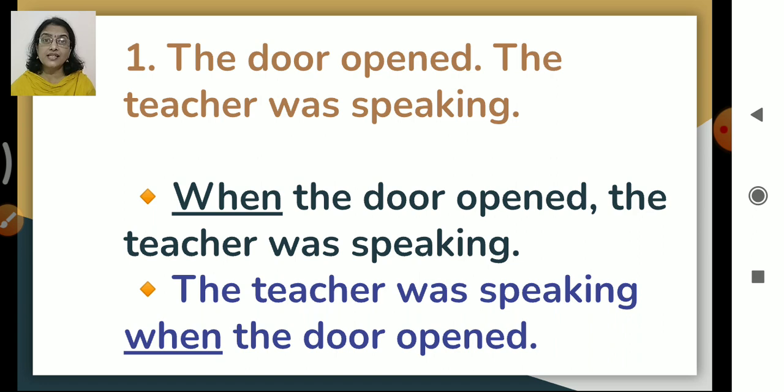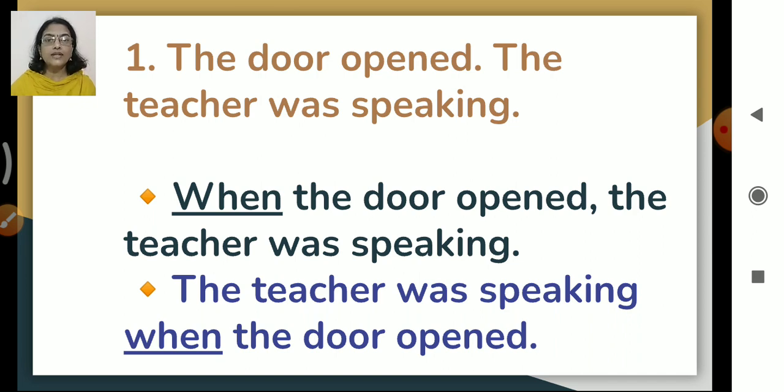The second one, the teacher was speaking when the door opened. So what we did in the second sentence, we removed the full stop and there we added when, right? And while doing so, we changed the sequence of the sentence. The second sentence we took first and the first sentence went after that, right? So the teacher was speaking when the door opened. So in the first sentence, we added when in the beginning.